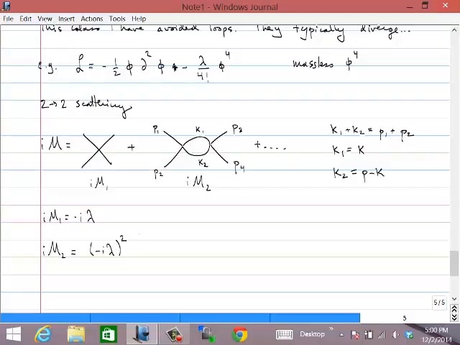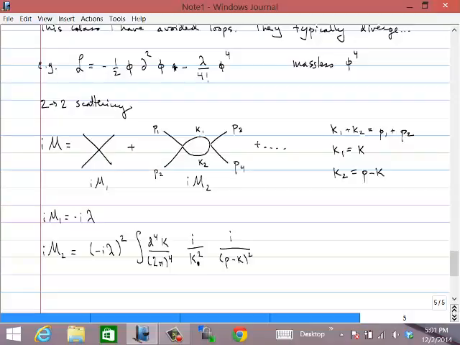So we need to integrate over that undetermined momentum K. And what do we integrate? Well, you have two propagators here. There's an I over K1 squared, which I just called K, and then an I over K2 squared, which is P minus K. So that's the Feynman diagram.